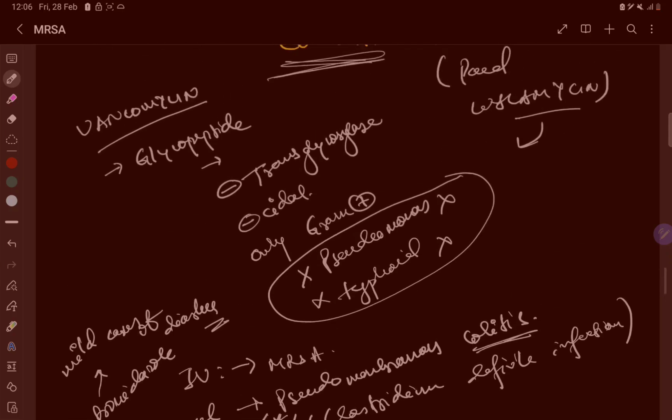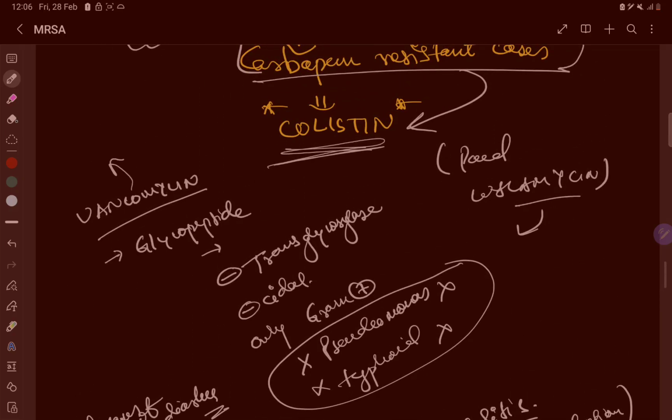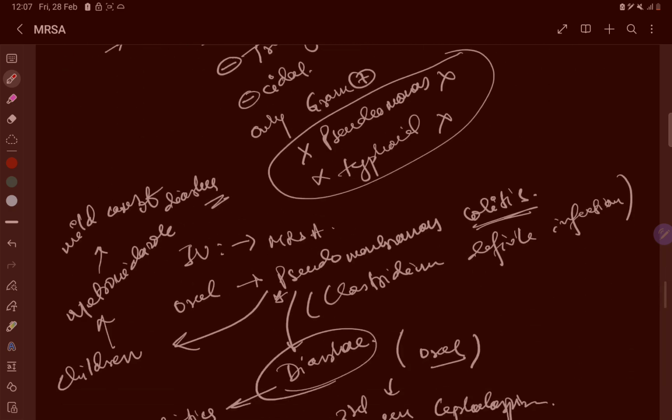Now vancomycin I have discussed, it causes the red man syndrome, where there are rashes, and due to histamine release from mast cell, okay.